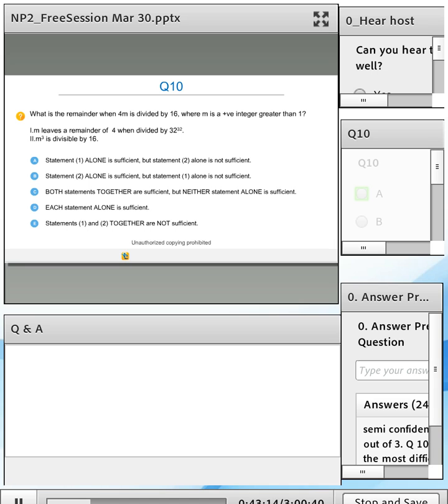But that's okay. Again, the whole point of showing you these three questions was not to make you feel that you're not ready yet, but to make you realize as we go through the session what all are the important aspects that you need to keep in mind for preparing for quant. Because the last thing you'd want to do is have overconfidence about a certain topic, and that can be really detrimental to your score.